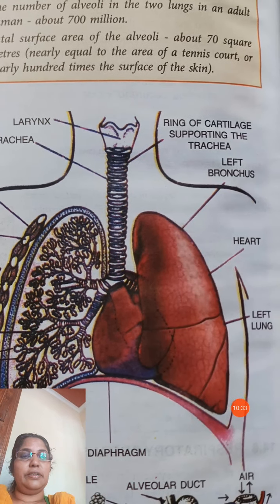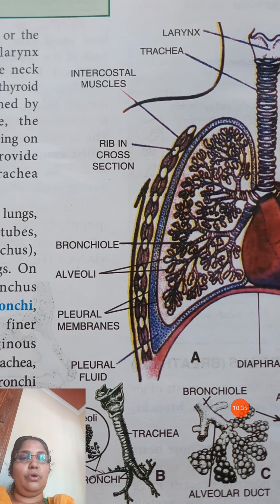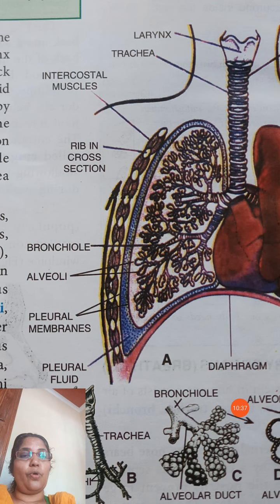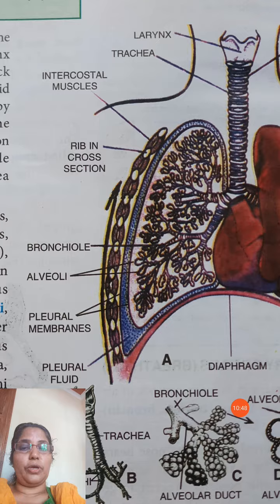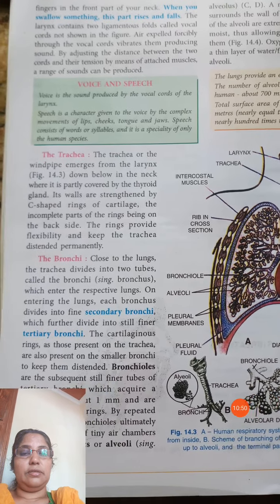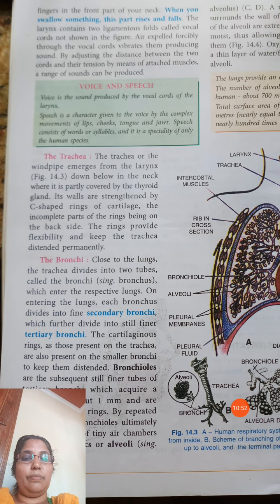Then again it divides into two bronchi, and each bronchus is further divided into bronchioles. Trachea, bronchi, bronchioles. Again here secondary bronchi and tertiary bronchi are also there.